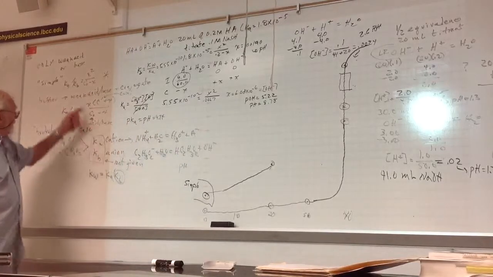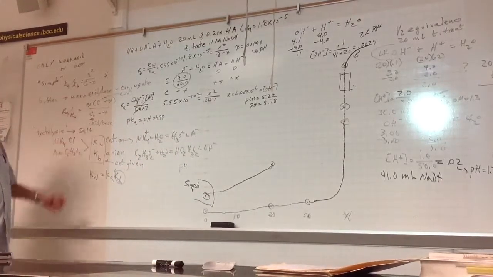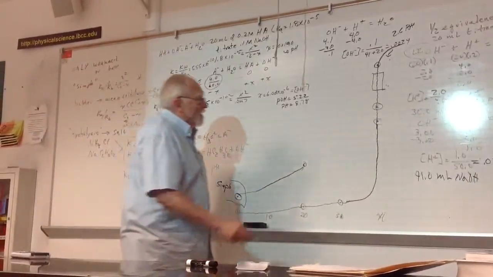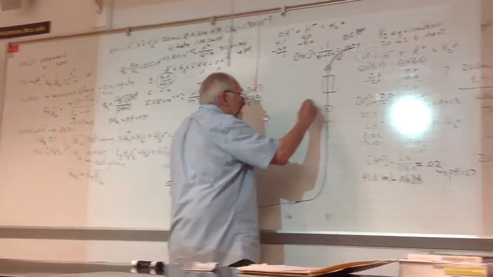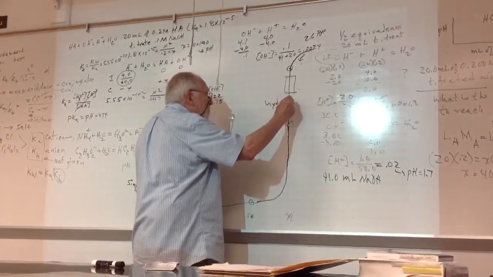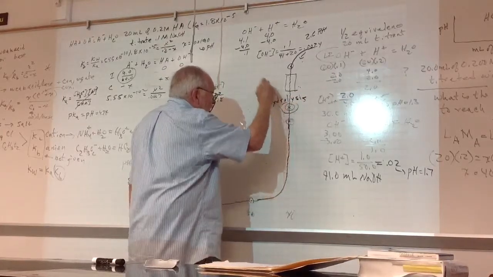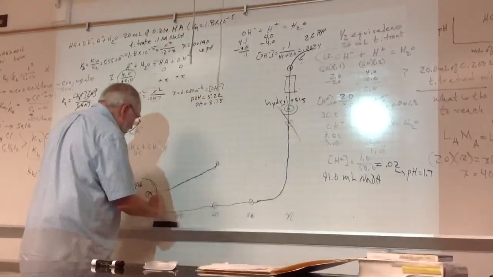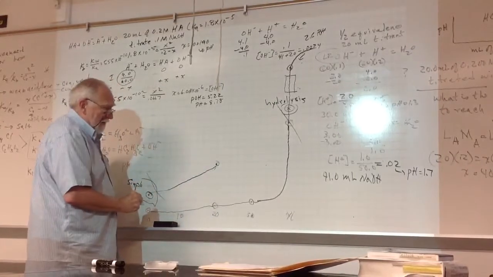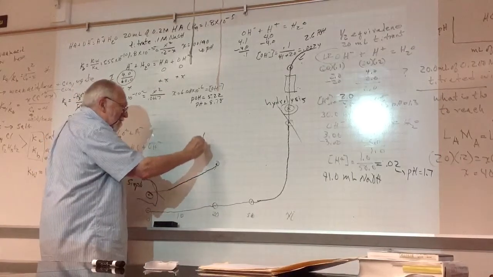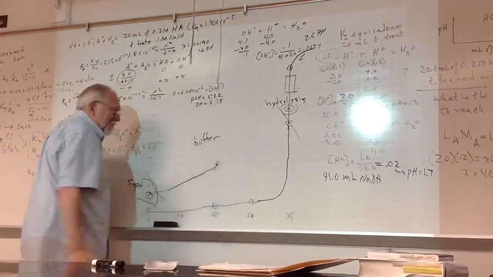The starting point is the simple acid-base problem. The equivalence point is what? The hydrolysis problem. In between here and here, what type of problem do you have? Buffer problem.